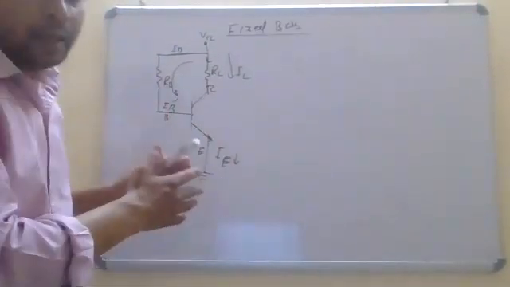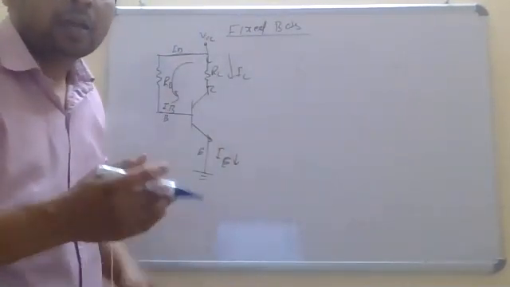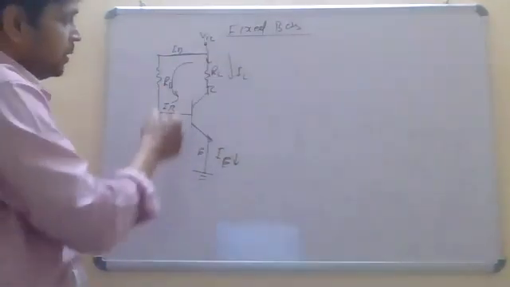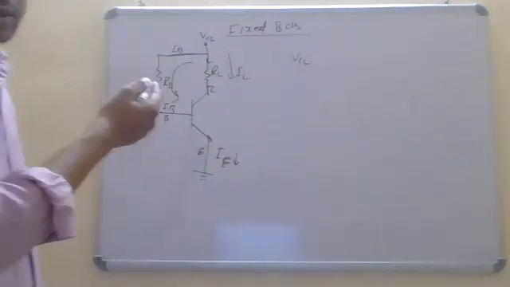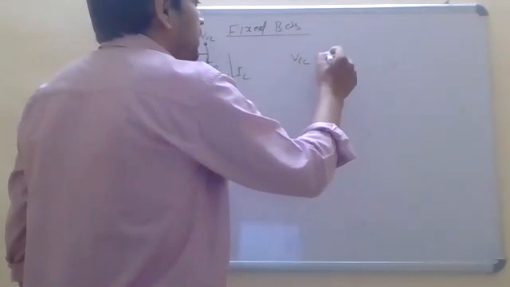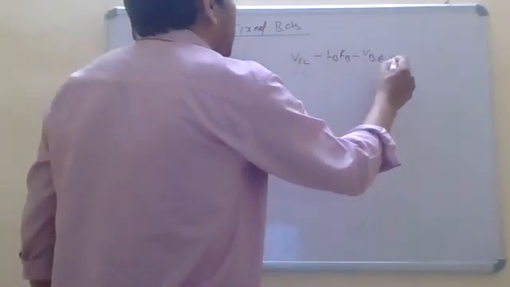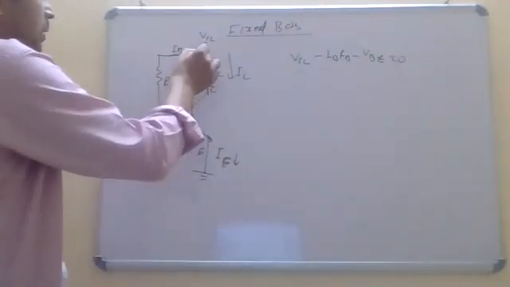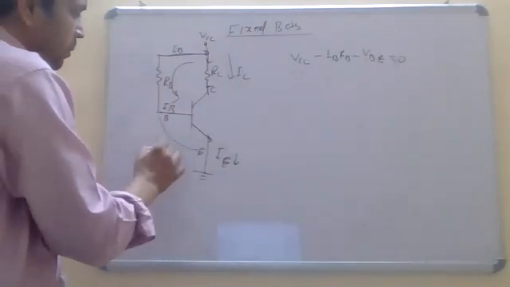In this case, we can apply KVL here. You have an idea about KVL, Kirchhoff's voltage law? So from this circuit we can write VCC minus IB RB minus VBE equal to 0. This potential we have, VCC, here is IB into RB, and here is VBE.